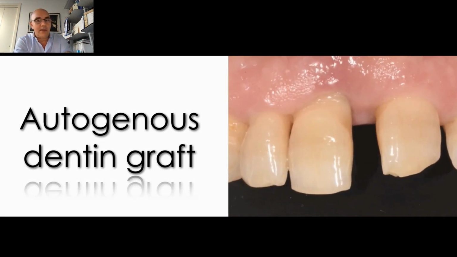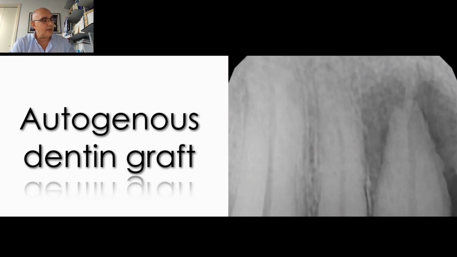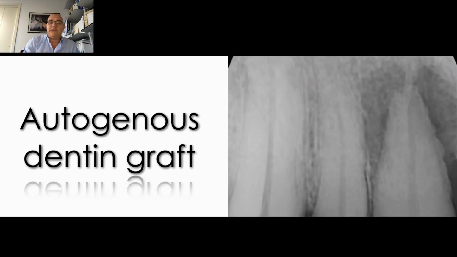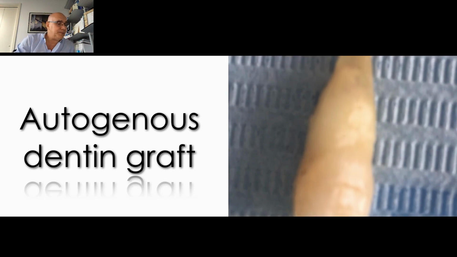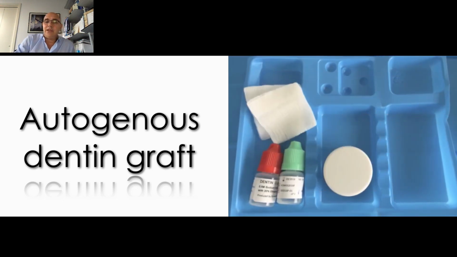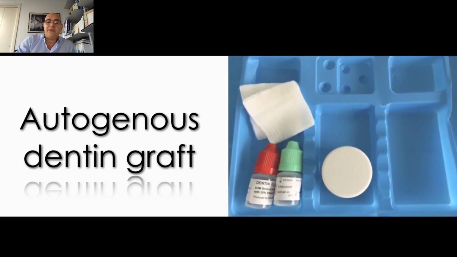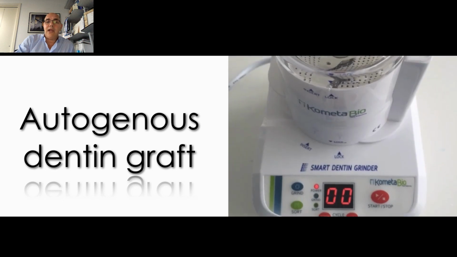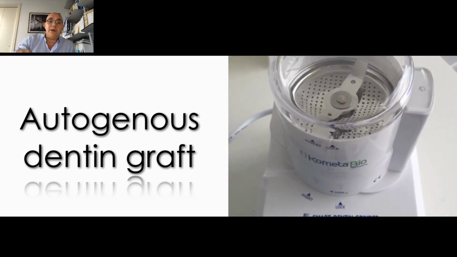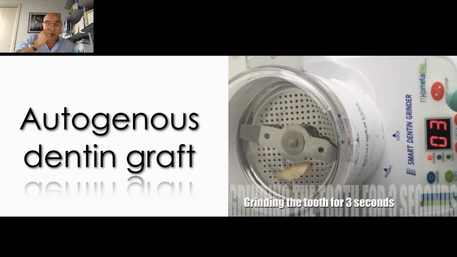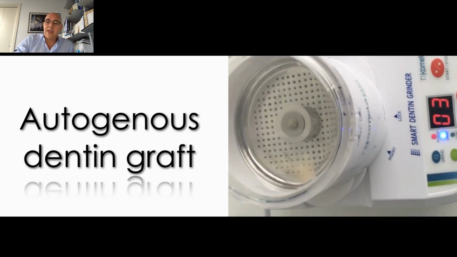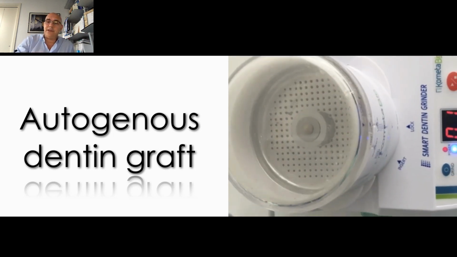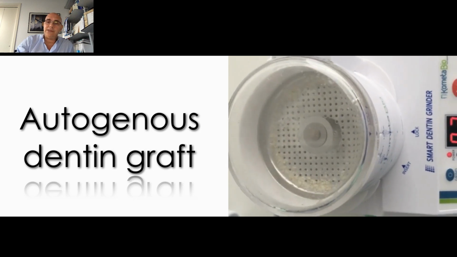In this case, we had to extract this central incisor, which was severely compromised with periodontal disease. So we take the tooth. This is the kit that comes with the grinder. So we get one chamber, we get the buffering solution and the sterilizing solution. You put the tooth in the grinder and you see the first cycle is 3 seconds.